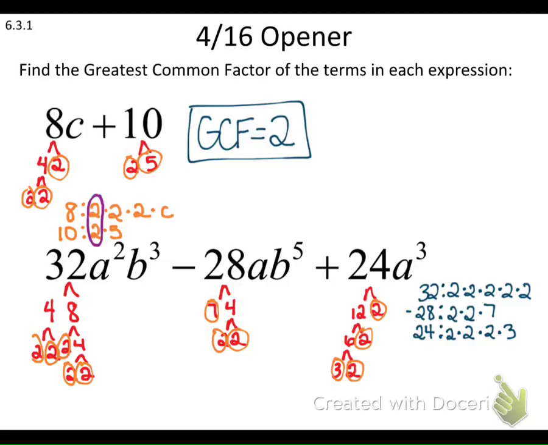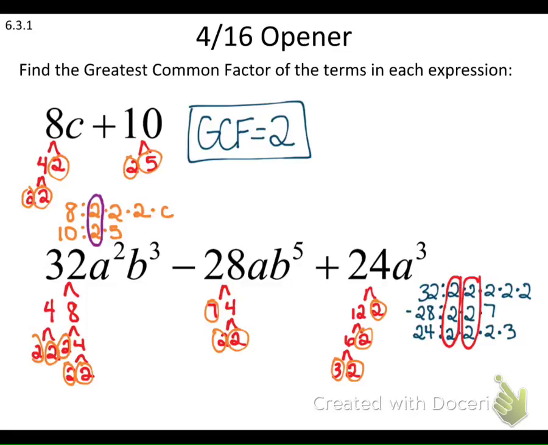Okay, now let's look at the numbers that we all have in common. What numbers do you see that all three have in common? 2? Not all 3, but yeah. All three of them have a 2 in common. What else? 2. They have another 2 in common, right? Do you see anything else that they all have the same?